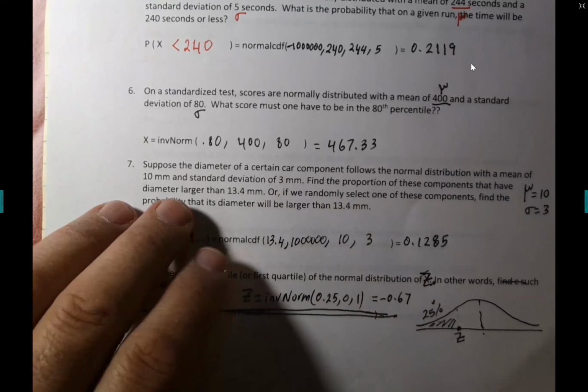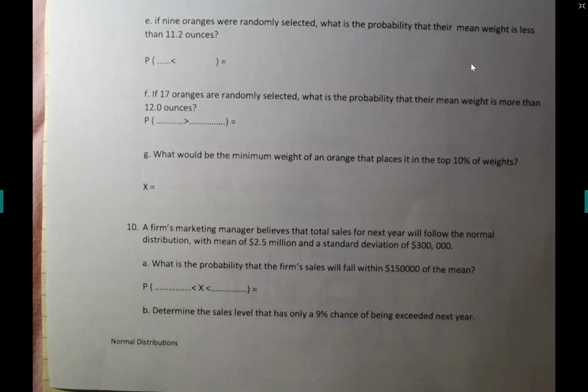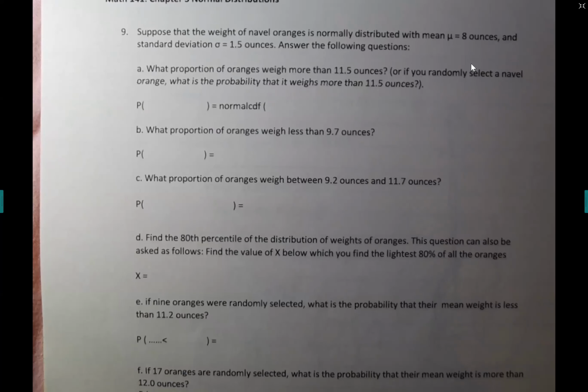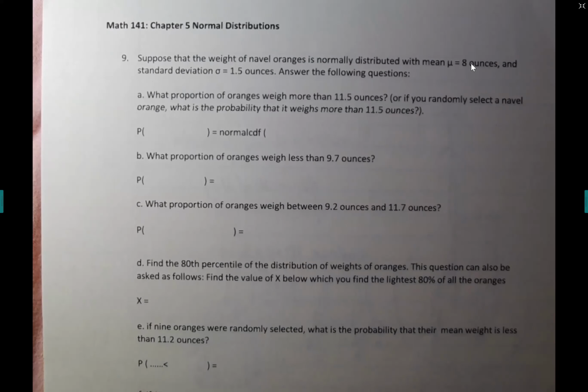All right. Now we're going to come to this question, which is very similar, guys, to your assignment. So please pay attention to number 9. This is actually a review of the entire chapter. Suppose the weights of navel oranges are normally distributed with a mean of 8 ounces and a standard deviation of 1.5 ounces.